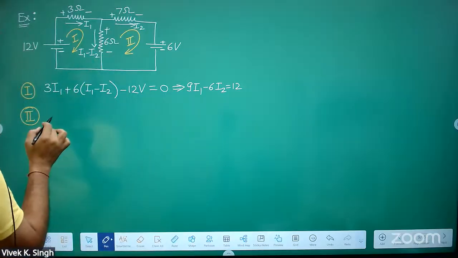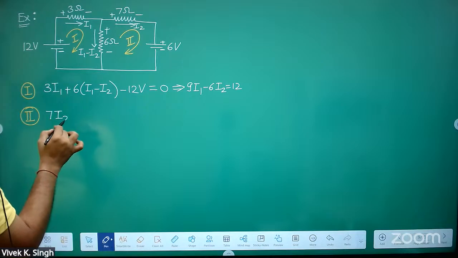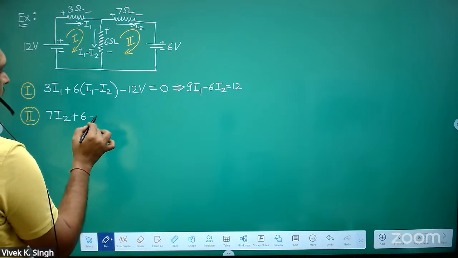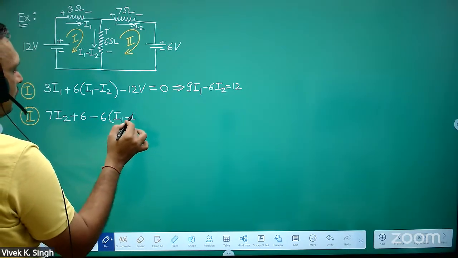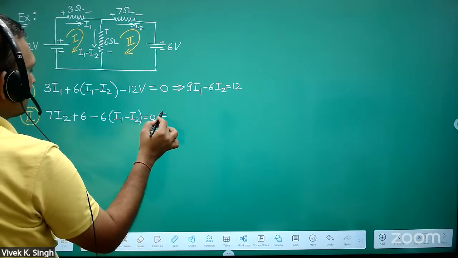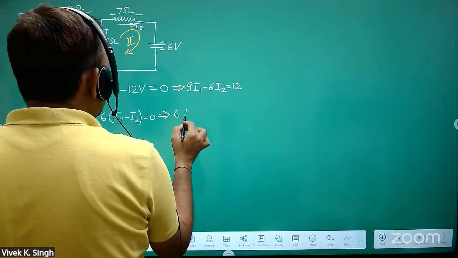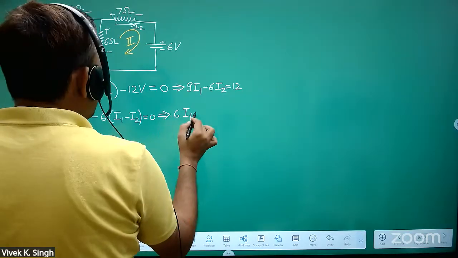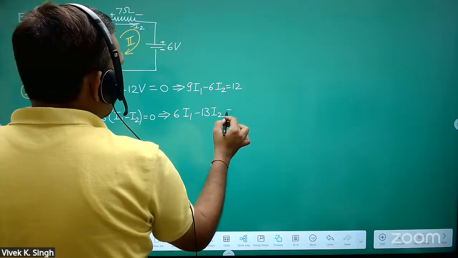And in loop 2, you will get 7I2 plus 6 volt minus 6 times (I1 minus I2) is 0. So this will be what? 6I1 minus 13I2 will be 6.